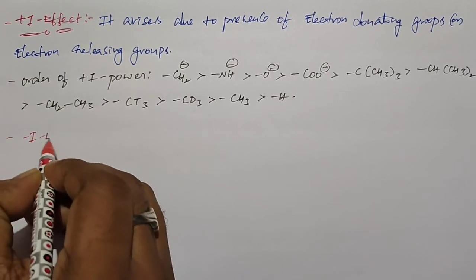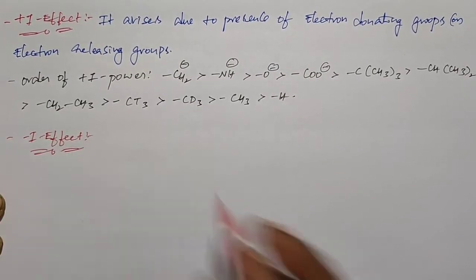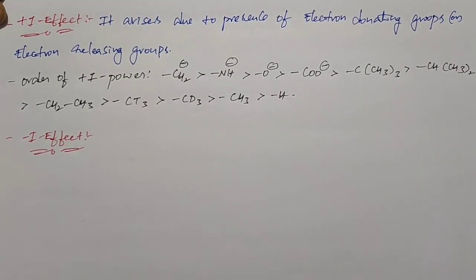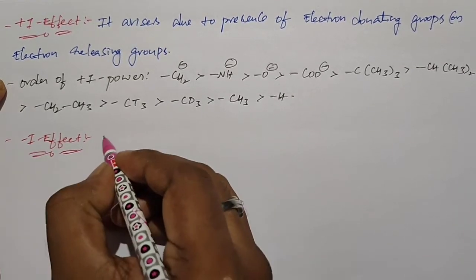The minus I effect arises due to the presence of electron withdrawing groups.